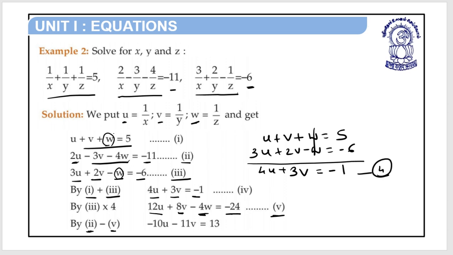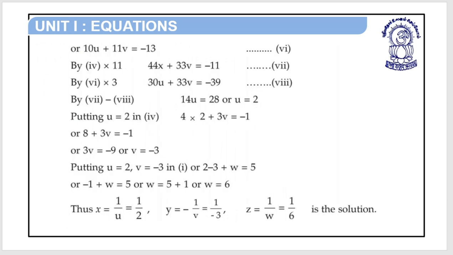So 2u minus 12u, we get minus 10u, minus 3v minus 8v, so minus 11v, minus 4w plus 4w, it becomes plus because of the subtraction, so minus 4w plus 4w cancel, is equal to minus 11 plus 24, 24 minus 11, so 13. Now 10u plus 11v is equal to minus 13.